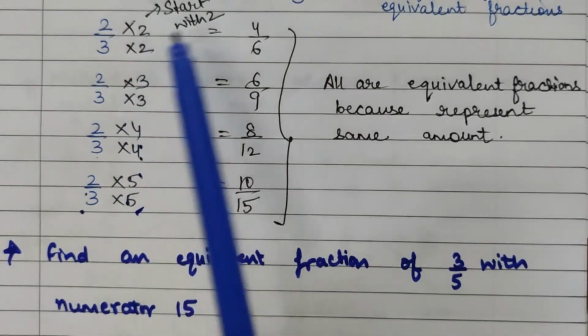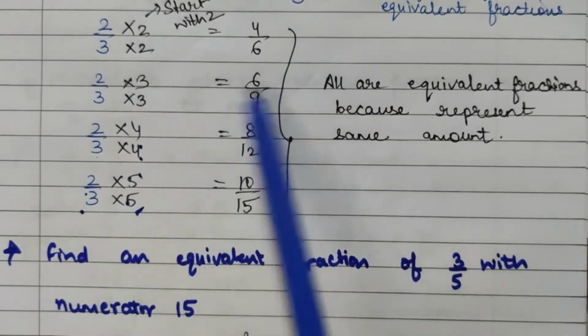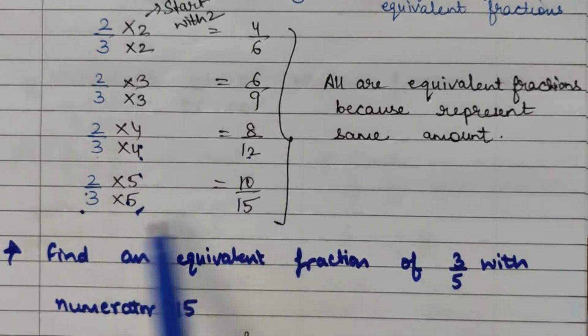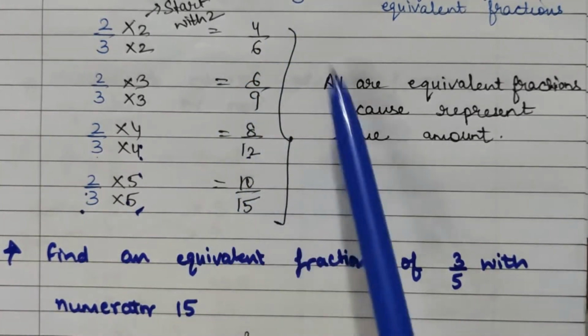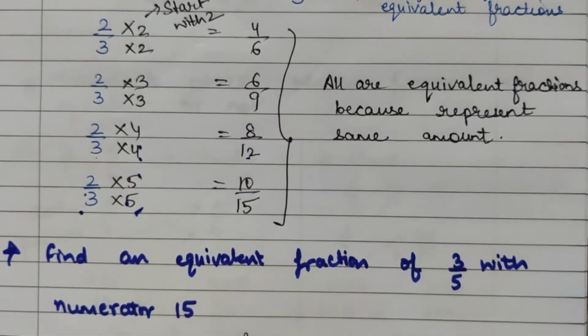So on multiplying, that is 4 by 6, 6 by 9, 8 by 12, 10 by 15, these all represent the equivalent fractions. Why? Because they represent the same amount.